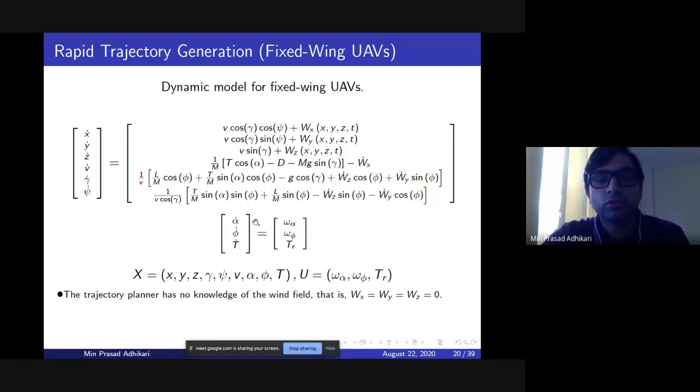Once the autopilot accepts these, it will generate low-level control signals to the servos so that the UAV can fly along the given trajectory. Basically, these are what we call the dynamic constraints of the UAV, and they could be certain values, and this is omega alpha, omega phi, and TR, the thrust rate.